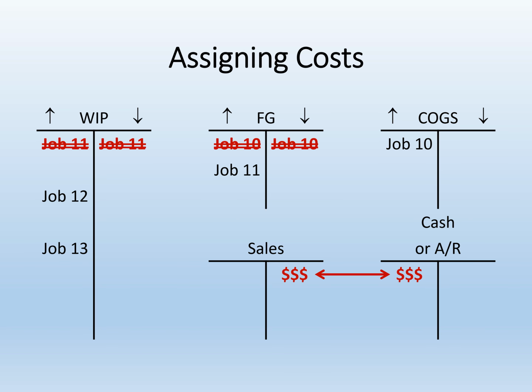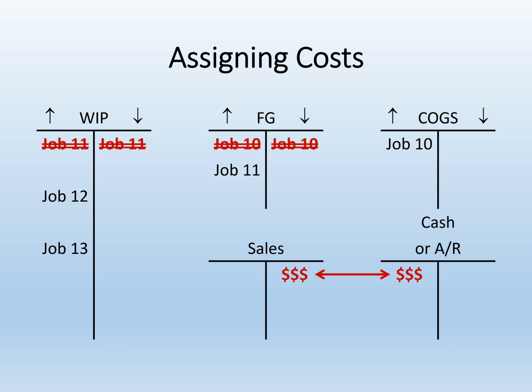But remember, whenever a firm sells goods, there are actually two transactions that are happening simultaneously. One transaction is the one that we just saw. We recognize that we don't have the goods anymore, and those costs of the goods are transferred to cost of goods sold.